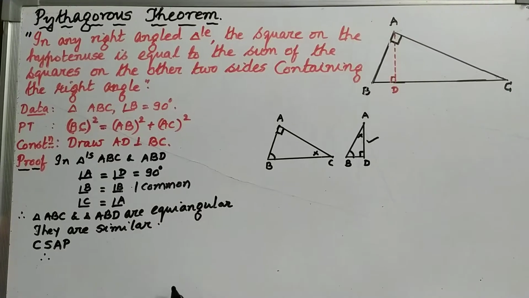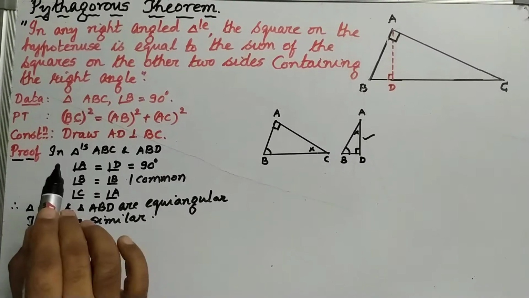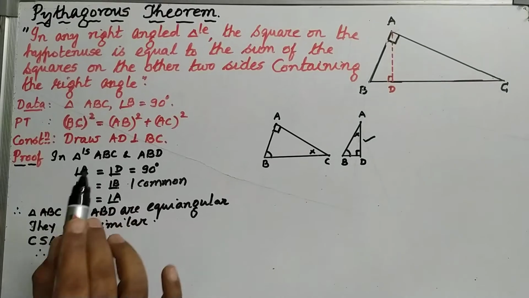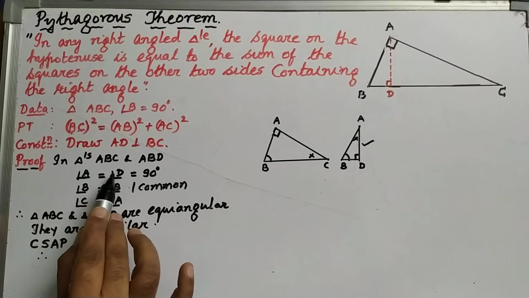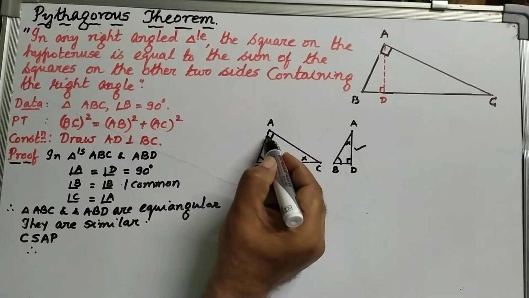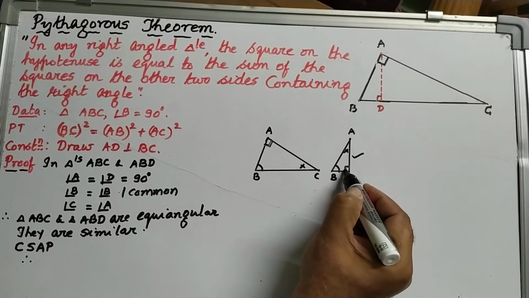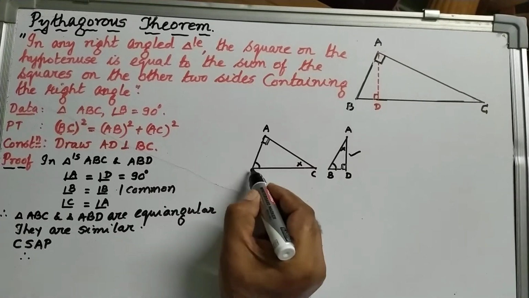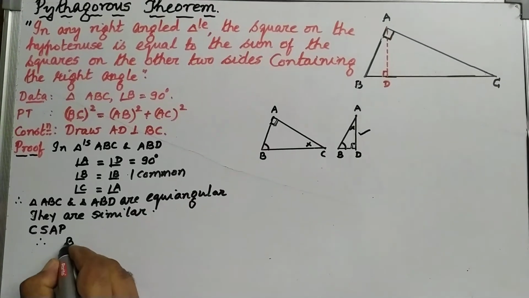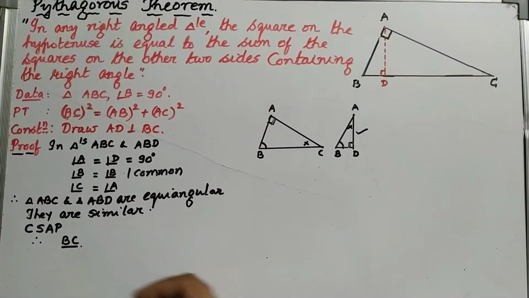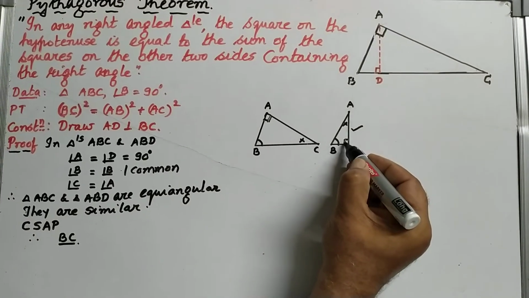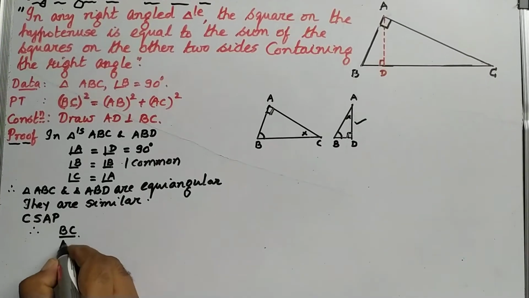Therefore, the corresponding sides will be, I will take the first pair of equal angles, angle A and angle D. Angle A is here and angle D is here. The side opposite to angle A is BC divided by the side opposite to angle D is AB.